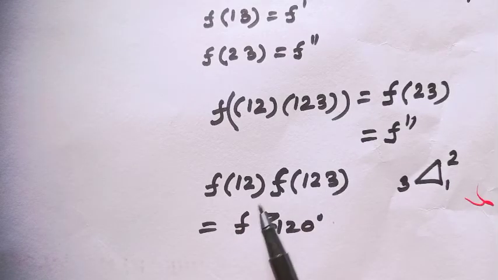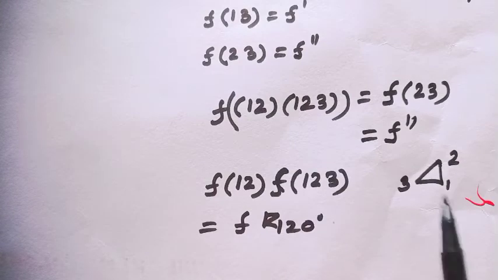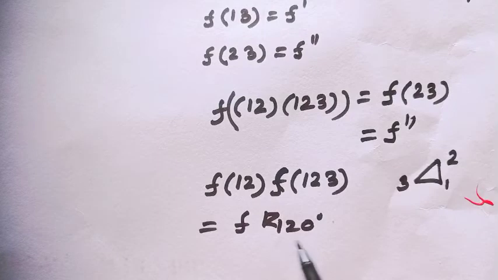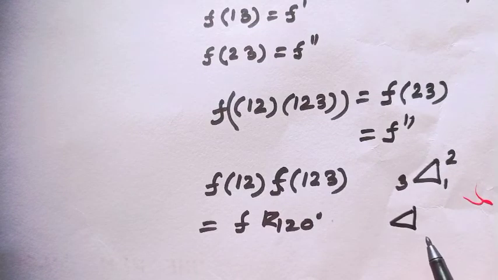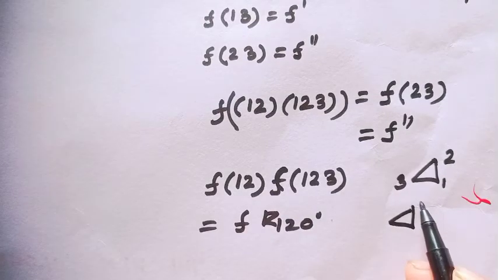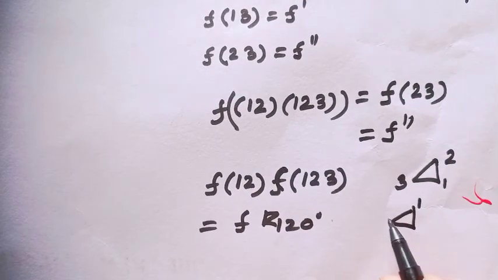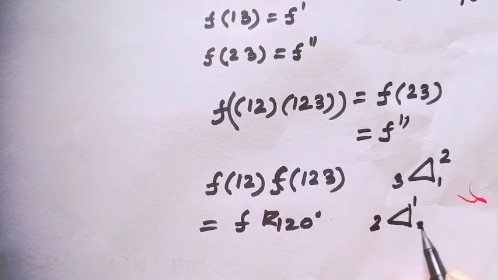Here f of (1 2) equals small f and f of (1 2 3) equals R120 degree. Let's verify. This is an equilateral triangle 1 2 3. After rotation R120 degree, then it would be 1 to 2, that means this is 1, 2 to 3, and 3 to 1.